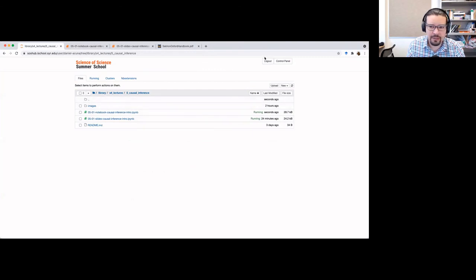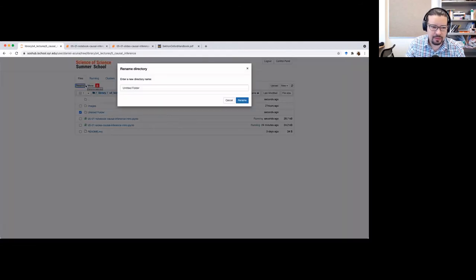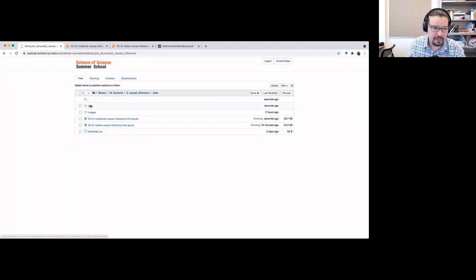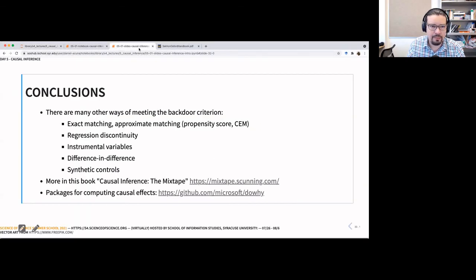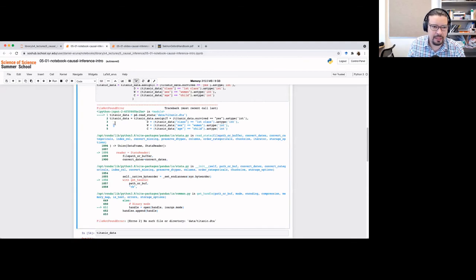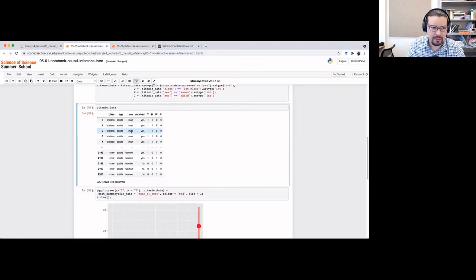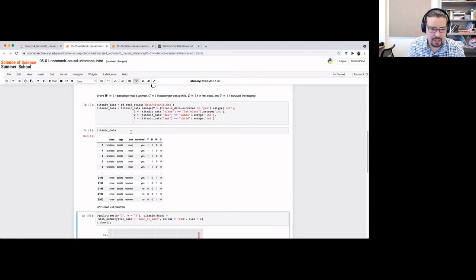And if I'm quick enough, I can create a folder, call this data, and upload. Causal inference data. I'll upload the data. Perfecto. And then I'll read this. Perfect. Okay, so this is the data.